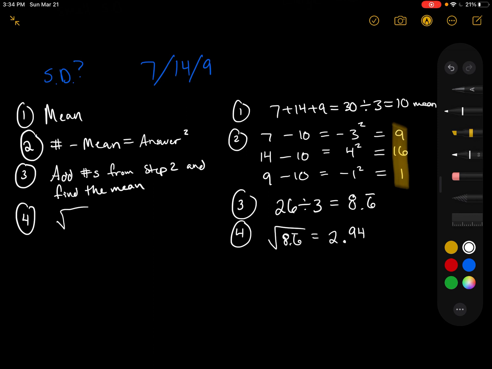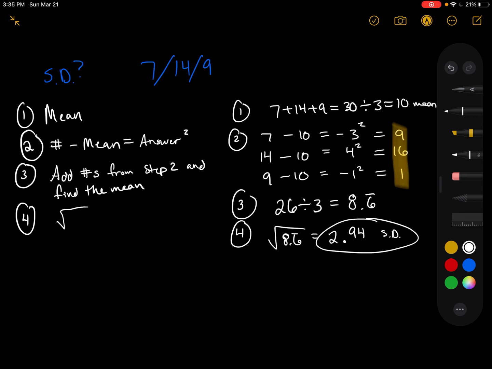More accurate, less rounding. Our exact answer without any rounding here would be 2.94, a bunch of decimals after that, but we'd say that our standard deviation is about 2.94. So to quickly recap: find the mean, subtract and square, find the mean of those answers, and then take the square root. So it seems like a lot, and honestly it is, but if we have these steps written out very clearly, we will be successful.